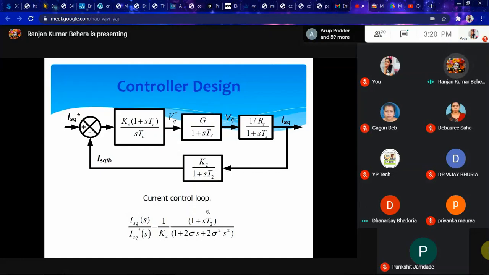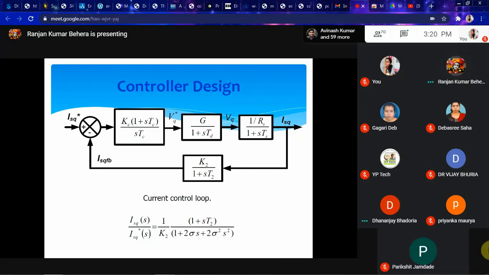Generally, in the feedback path we have a unity gain. 1 you bring from output and connect to the input, it is 1. So that is called the unity gain everywhere. But here we put K2 by 1 plus sT2. Why?